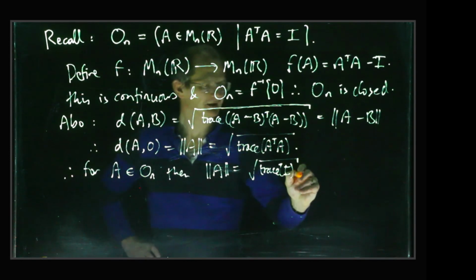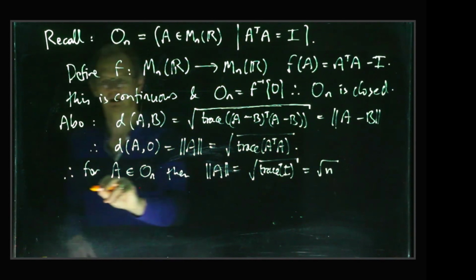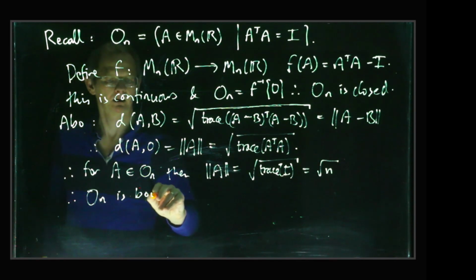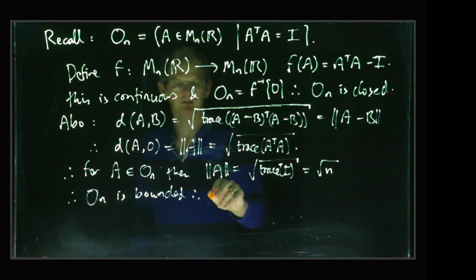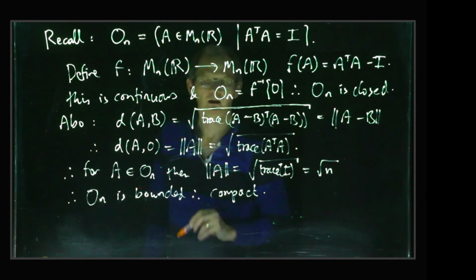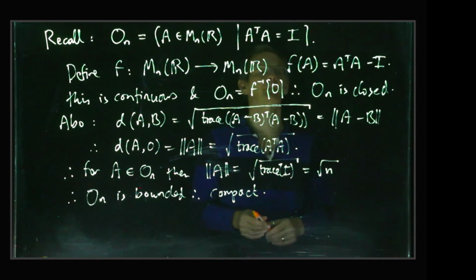But the trace of the identity is just n, so that's just root n. So On is bounded and therefore compact. So yeah, this space of orthogonal matrices, that's a compact Hausdorff space.